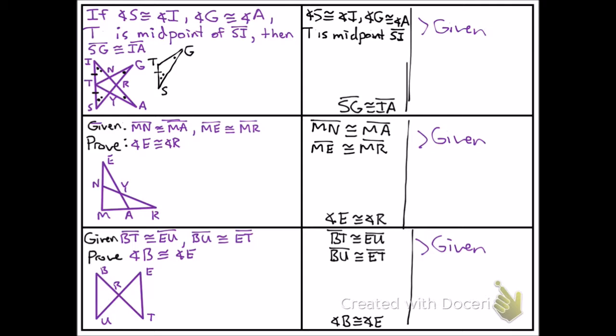Then if I went with the other one, the flipped version of ITA, I also have the same type of parts. So that's what we're going to work with. So I have a midpoint. Midpoint's telling me that IT is congruent to TS, and that is the definition of a midpoint.